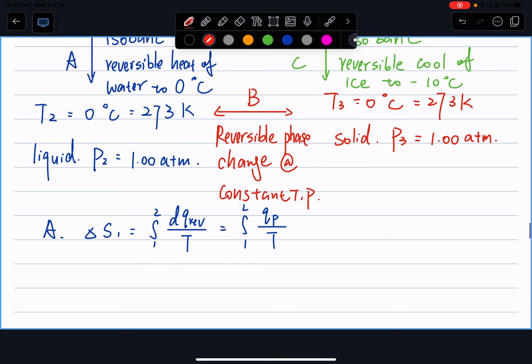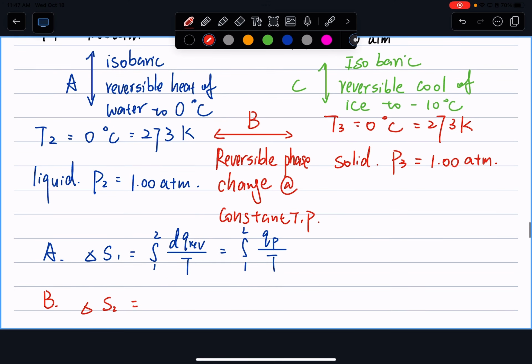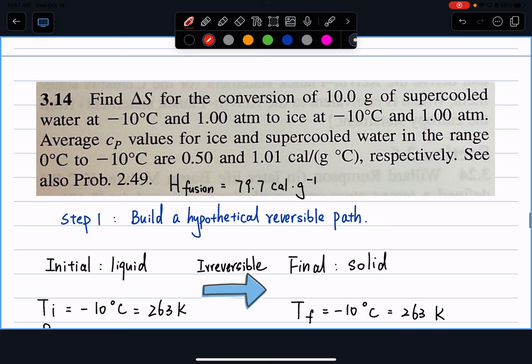Next up, we have delta S2. Now this one is a phase change, and we covered it earlier today at number 3, I think. Yeah, so at number 3, we derived it to be delta H over T. So we need the heat of melting.